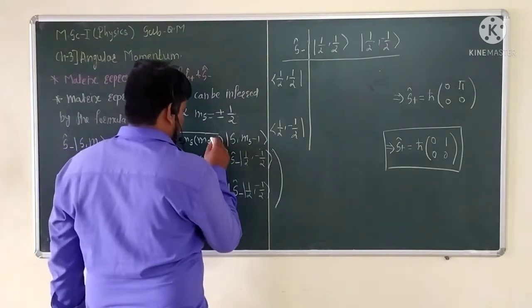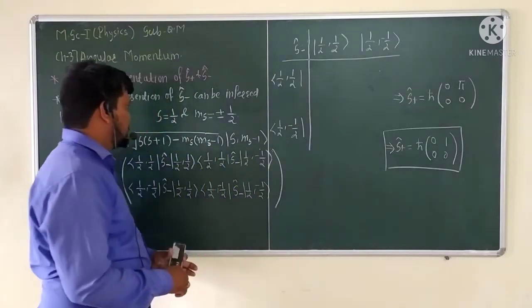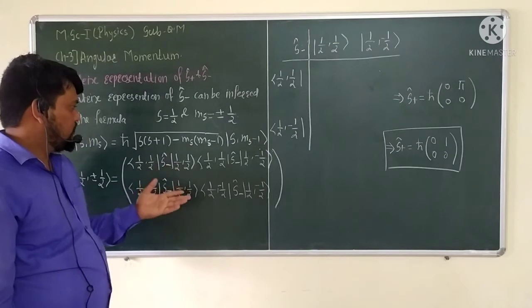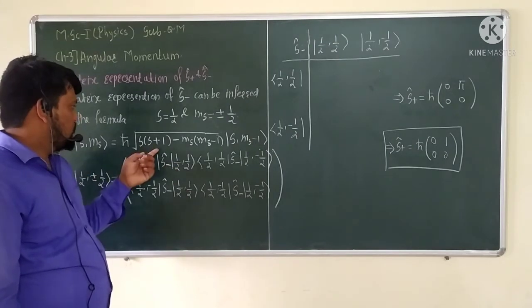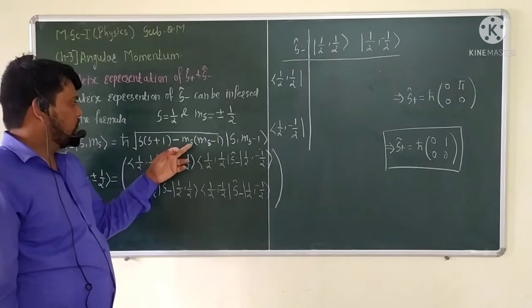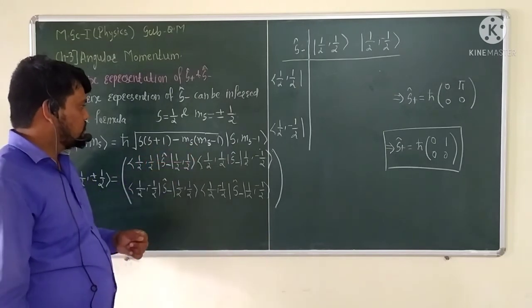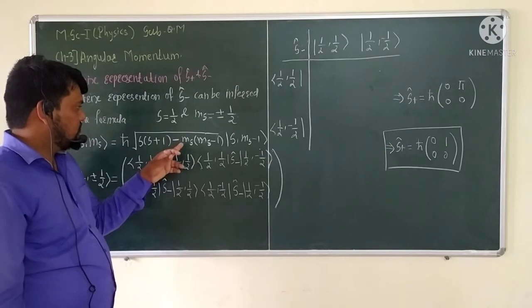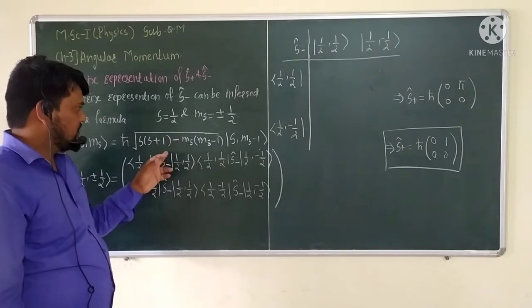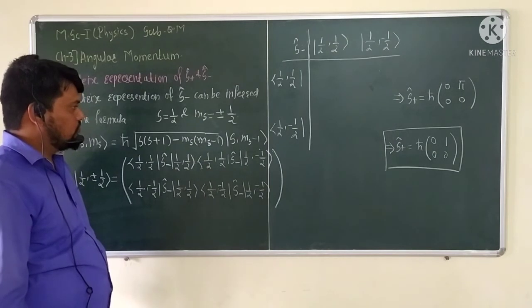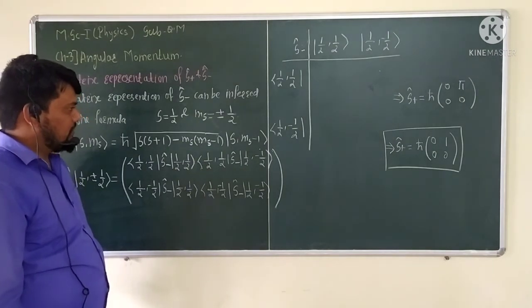First we have to know that s is equal to half, and the ms value is also half. So half into half plus 1, this is 3 by 2, and here half into half minus 1, so this is 1 by 2 minus 1, so that is minus 1, minus minus plus, so that is 3 by 4, and here ms, that is half minus 1 by 2, so this is minus 1 by 2.